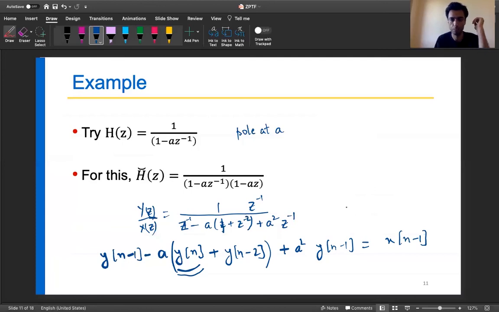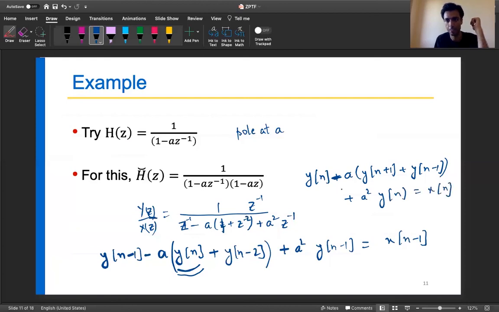On the other hand, if I don't do this z inverse multiplication, I simply use the same form, which was y[n] minus a times (y[n+1] plus y[n-1]) plus a square times y[n] is equal to x[n].